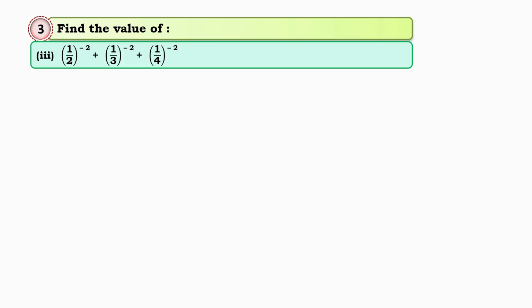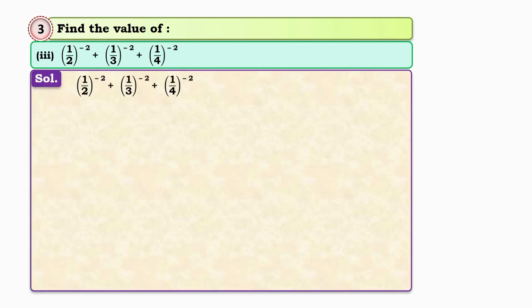Now the next question is 1 by 2 to the power minus 2 plus 1 by 3 to the power minus 2 plus 1 by 4 to the power minus 2. So let us take a look how we are going to solve this step by step. First we are going to apply the law a to the power minus m equals 1 by a to the power m. So first we need to make it a positive power. 1 by 2, we all know, means 1 by 2 to the power 1, that means 2 to the power minus 1. The same goes for 1 by 3 and 1 by 4 as well.